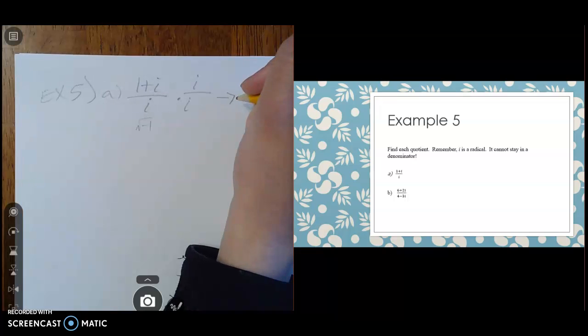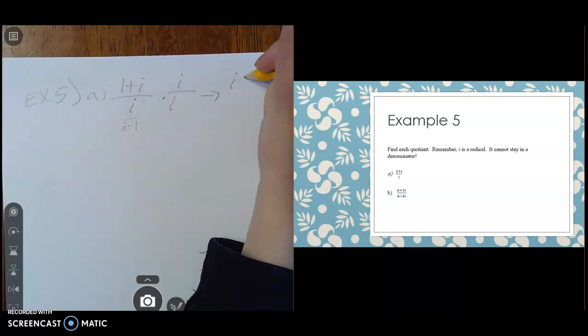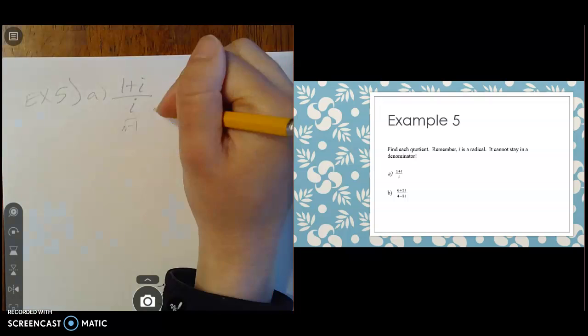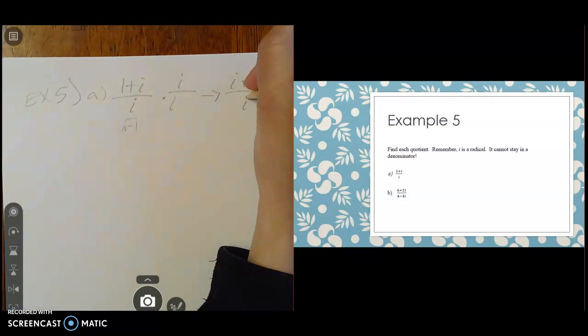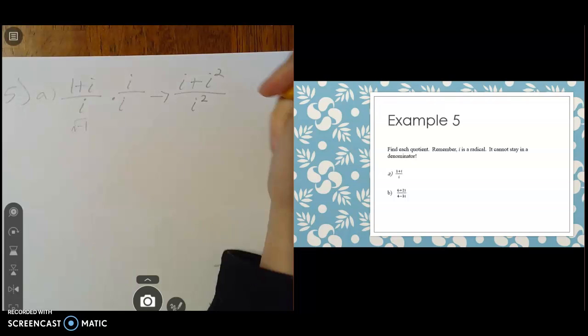And whatever you do in the denominator, you've got to do the same thing in the numerator so it stays equivalent. Okay? So now I've got 1 times i, which is i, plus i times i, which is i squared. In the denominator, you're going to have an i squared. We know that i squared is the same thing as -1.